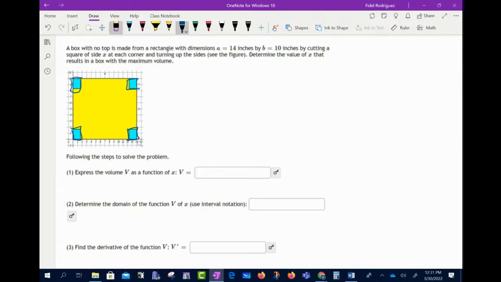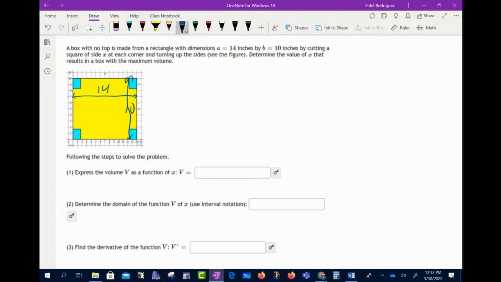One thing I want to emphasize is they're giving me the dimensions. A, which is the distance from here to here, is 14, and B, which is the distance from here to here, is 10.